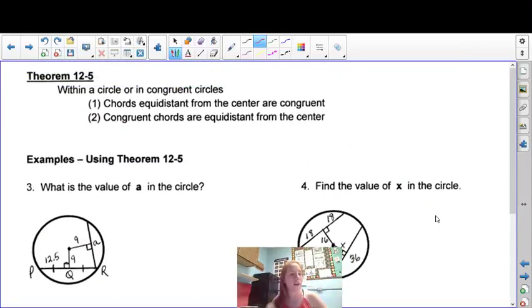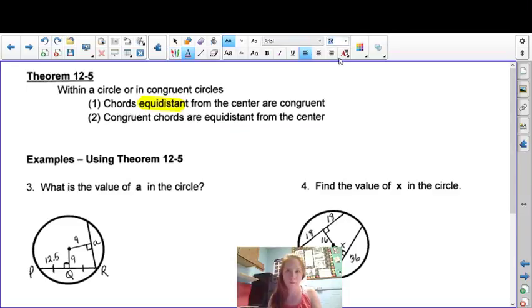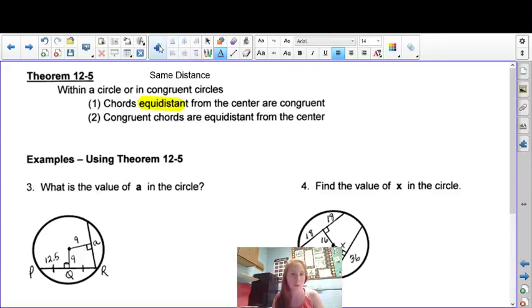Theorem 12.5 tells me that within a circle or congruent circles, chords that are equidistant, okay, let's discuss this vocab word. Equidistant means same distance. So chords that are the same distance from the center are congruent, and then congruent chords are the same distance, essentially.